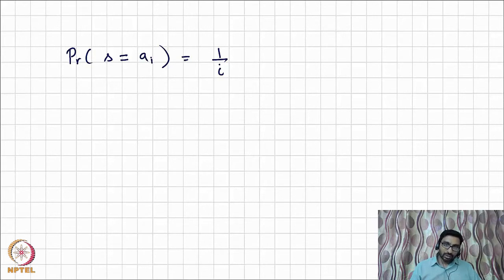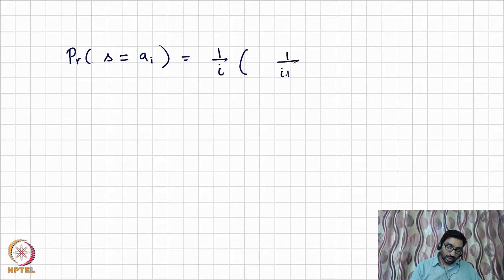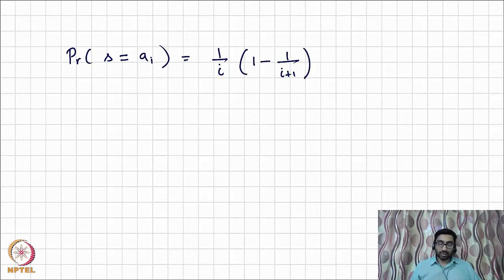So what's the probability with which the next item, the i plus 1th item, does not replace the ith item from S? It replaces the ith item with probability 1 over i plus 1, and therefore it does not replace the ith item with probability 1 minus 1 over i plus 1.